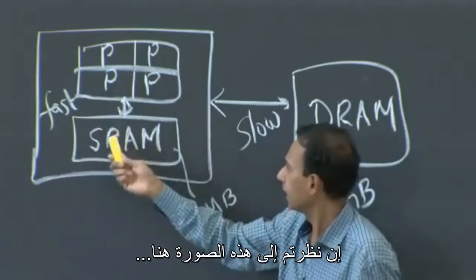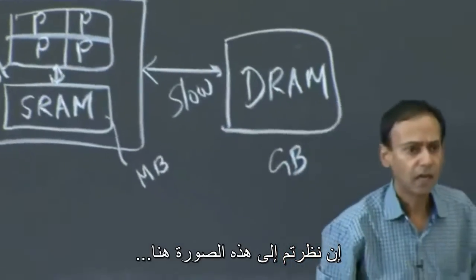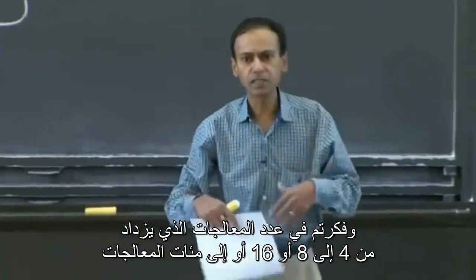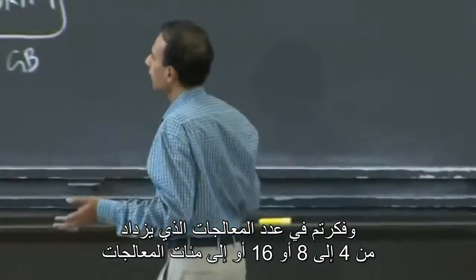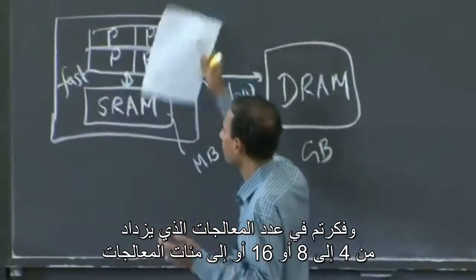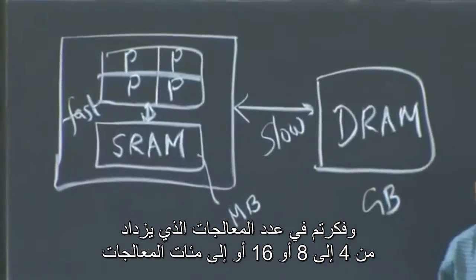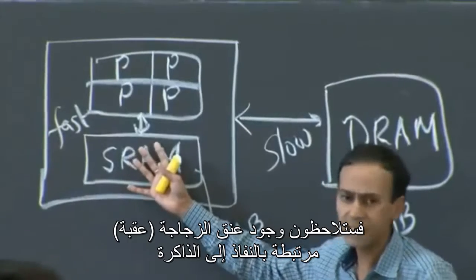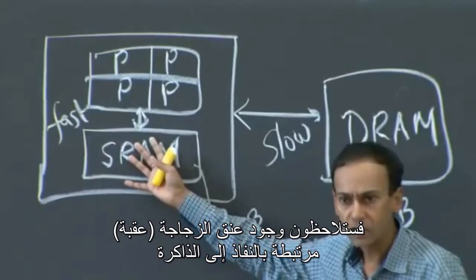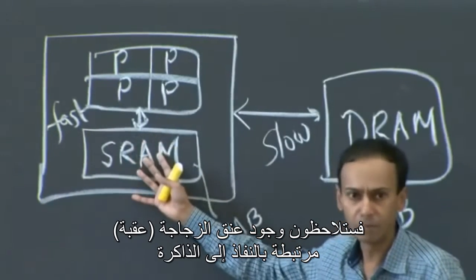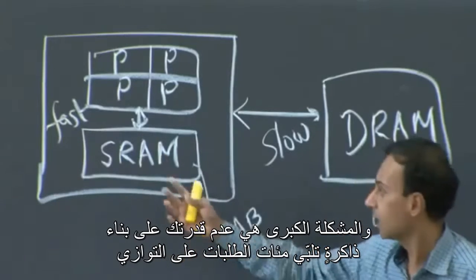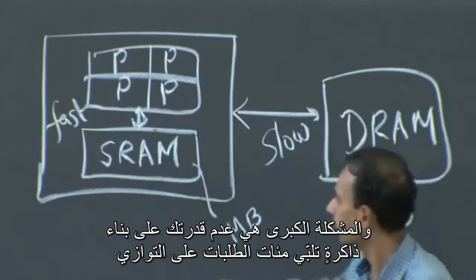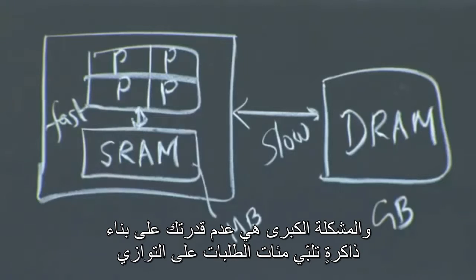If you see this picture here, if you think about the number of processors increasing from 4 to 8 to 16, all the way to, say, hundreds of processors, you can see that there's going to be a bottleneck associated with accessing the memory. The big problem is you can't possibly build memory that serves hundreds of requests in parallel.